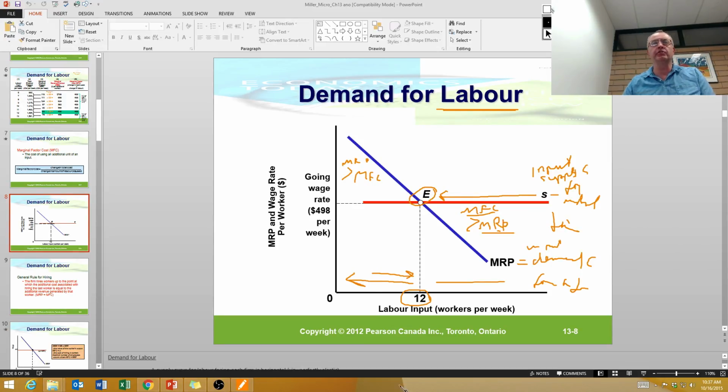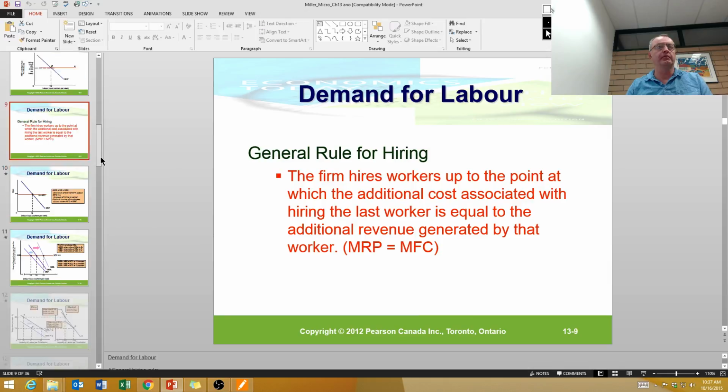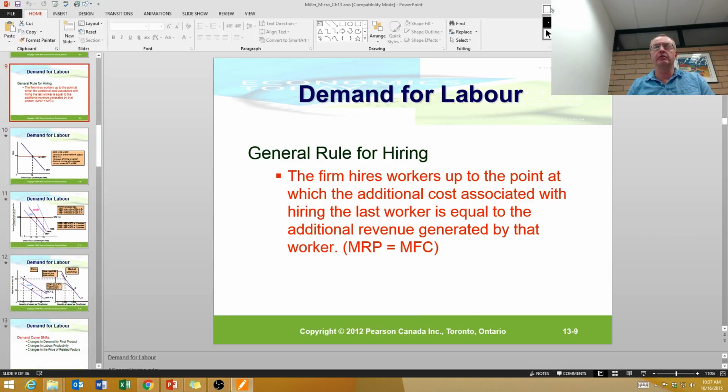So that pushes us to this equilibrium point of 12 units. And that brings us to the next principle: our optimal quantity of input that we should hire is at the point where marginal revenue product equals marginal factor cost. This principle applies to all inputs. It's not just labor, but this chapter just uses labor as the example.